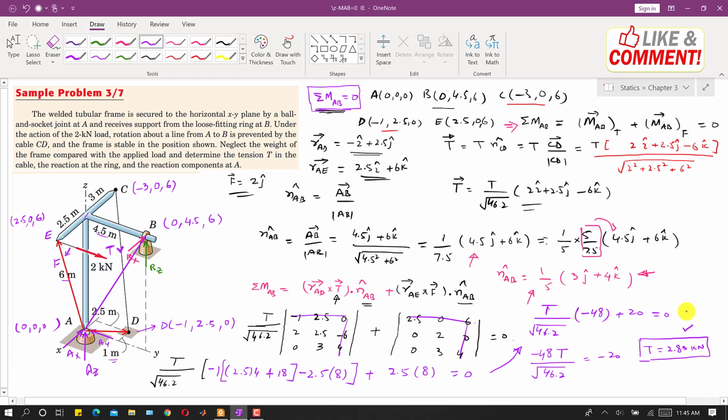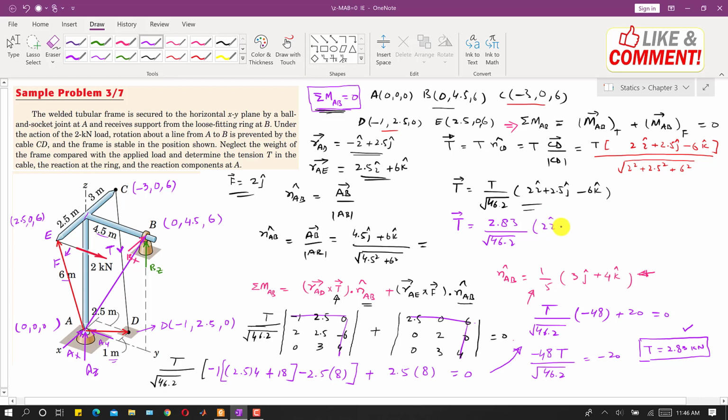Now we need to find the reactions at points A and B. We know this T, right? Let me remove these. Now the T vector will be equal to, now we know the T magnitude, so this is 2.83 divided by 46.2 under the root 2.